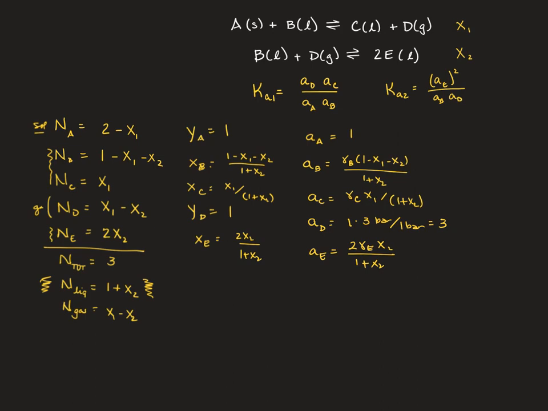So in this particular case, for the reaction 1, the denominators 1 plus x2 cancel out. We end up with 3 gamma C x1 over gamma B times 1 minus x1 minus x2.